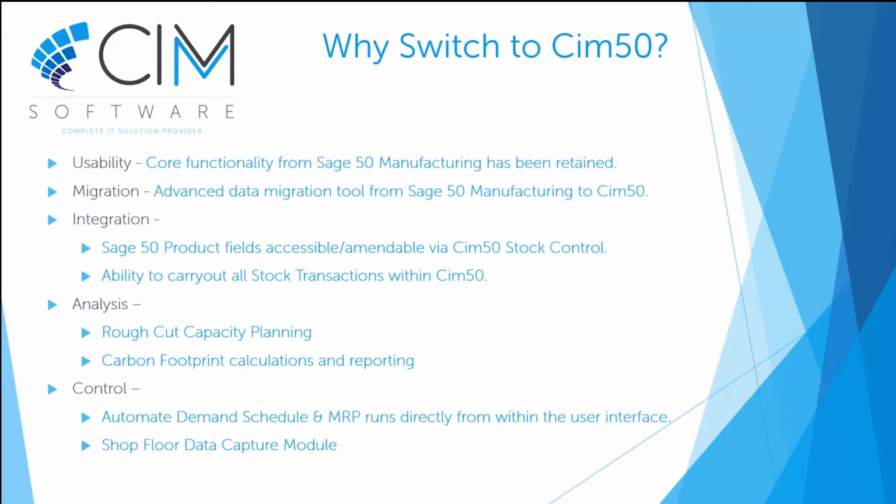You can automate the MRP, so instead of having to press a button and wait for the MRP recommendations list to appear, you can leave it to run overnight and have it available in the morning. And then the shop floor data capture allows you to control stock and capture labour times in real time, giving you better control of those elements.